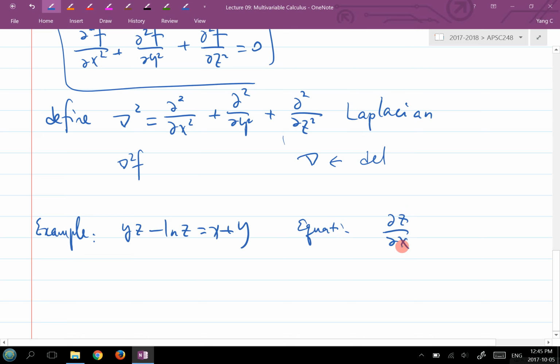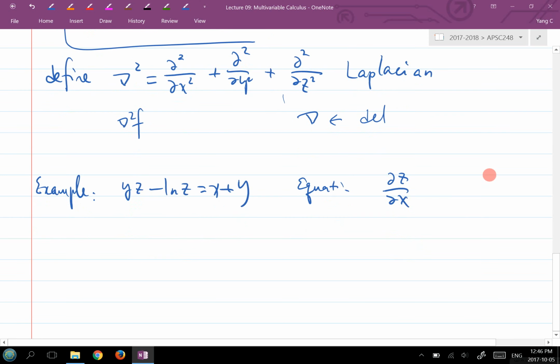In this case, you don't have the function z, so you don't know what the z function is. You're just given an equation involving x, y, and z, and asked for this partial derivative.